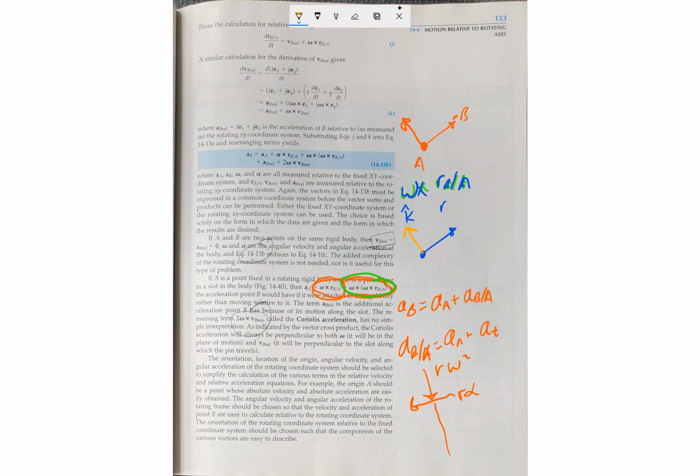Then we take that answer and we do omega cross our answer, whatever our vector answer happens to be. This omega is another k-hat, so we're going to end up with a value that's going to be crossed. Let's make that color purple. And it's going to give us another right-hand rule answer.